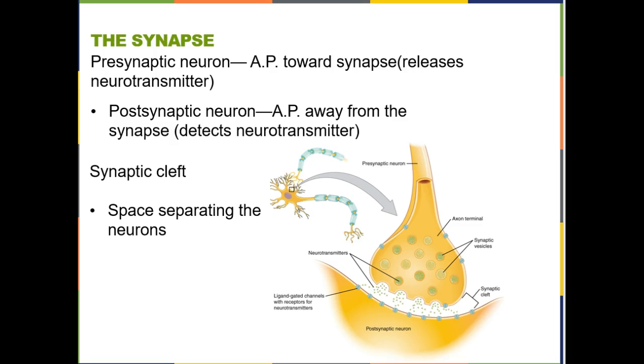terminology down. And the way you want to think about this is in terms of information flow, right? So there's an action potential that's going to be traveling down this axon, and then whatever signal this is, whatever information is being communicated, it's being communicated from this cell to this cell.